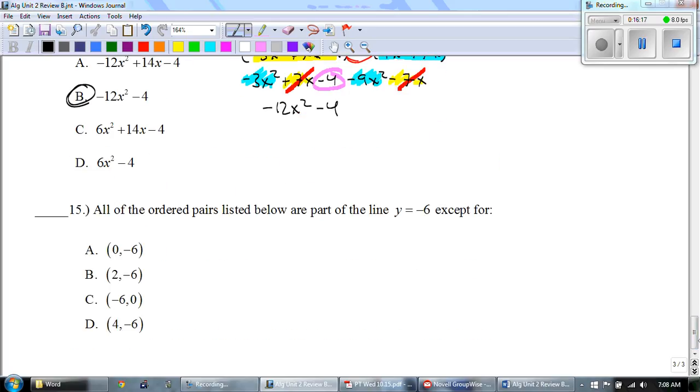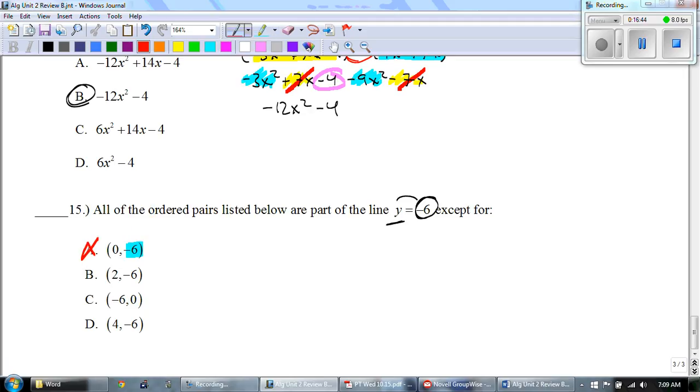All right, last one. All of the ordered pairs listed below are part of the line y equals negative 6 except for, dun dun dun, which one? Just remember that no matter what, y has to equal negative 6. So let's take a look at each of them. Does y equal negative 6?